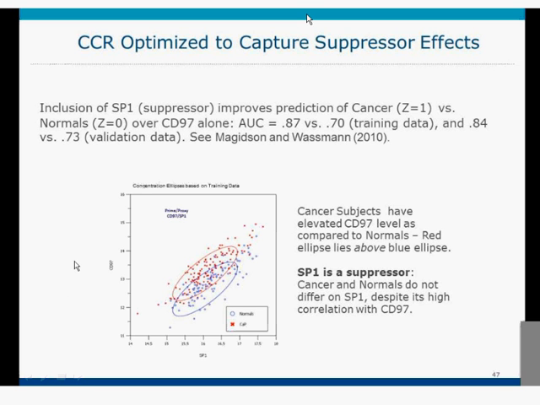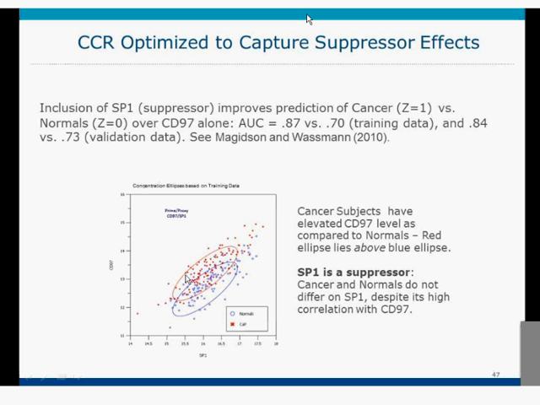So here, CD97, before these people got cancer, they were down here. They were indistinguishable from the normals. And then they jumped up here. CD97 jumped up. SP1 did not jump up.